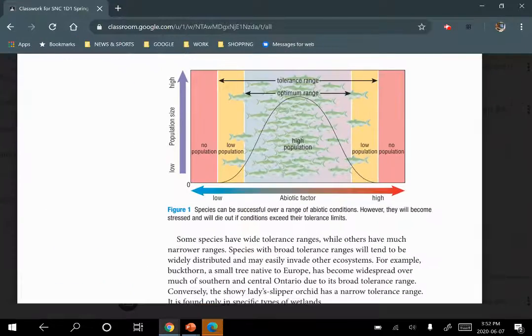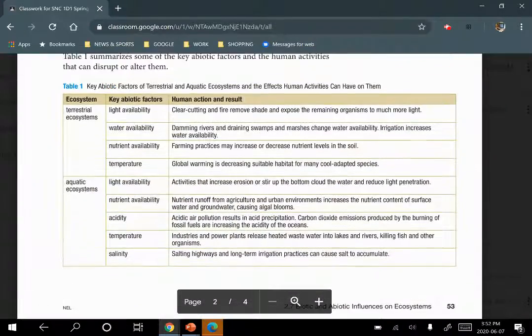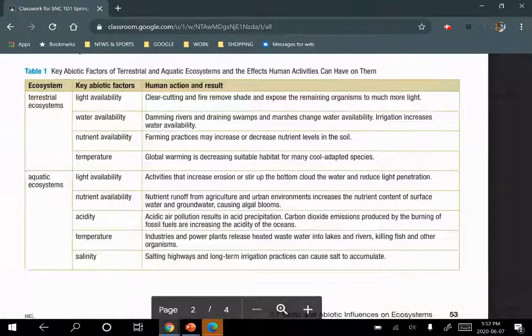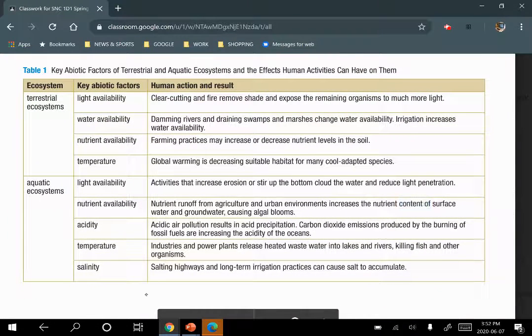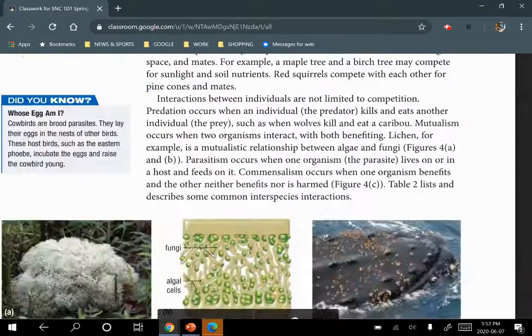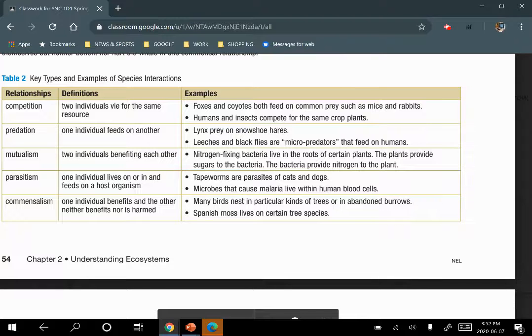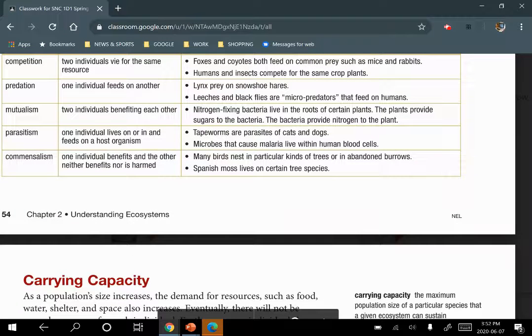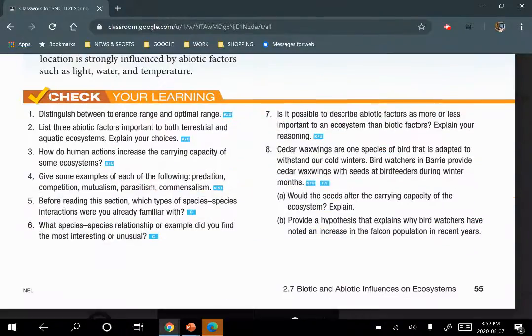And you're going to have some questions on that. They also go through the types of abiotic factors that affect different ecosystems, the terrestrial and aquatic ecosystems. And then it goes into the biotic factors: predation, competition, mutualism, parasitism, and commensalism. And then it goes into carrying capacity, which we've already talked about.